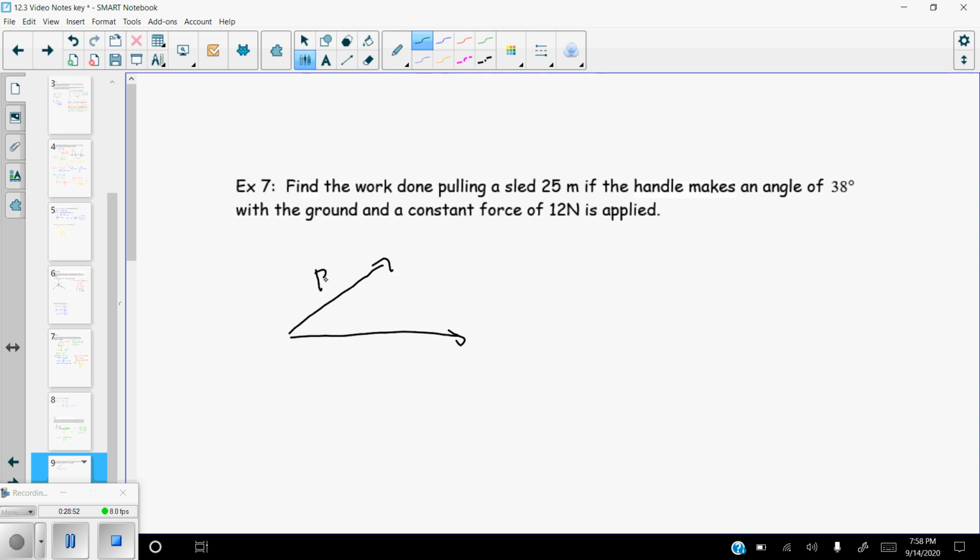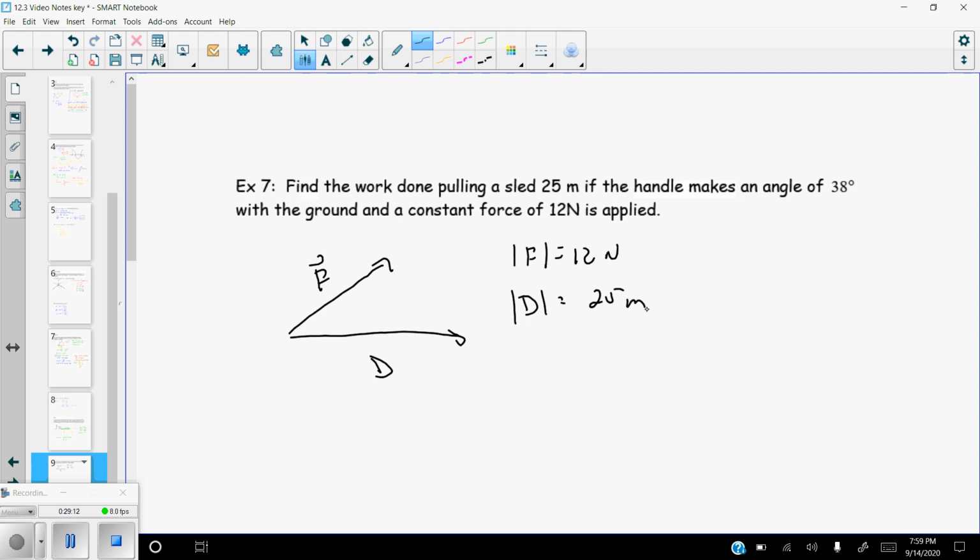We've got our force vector here. We've got a distance here. So the magnitude of the force they gave us is 12 newtons. That's how much force is applied. The distance, in this case, and you can put the absolute values, but it's just a distance, is 25 meters.